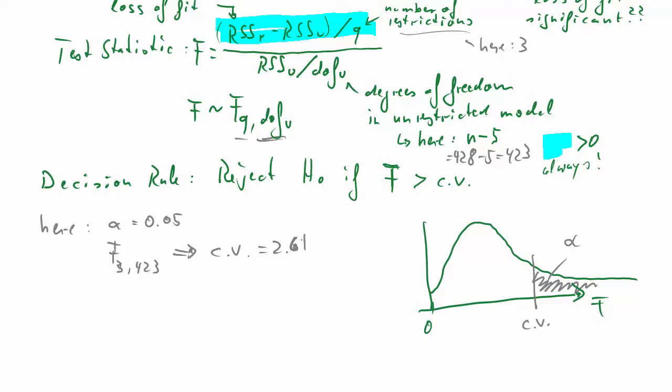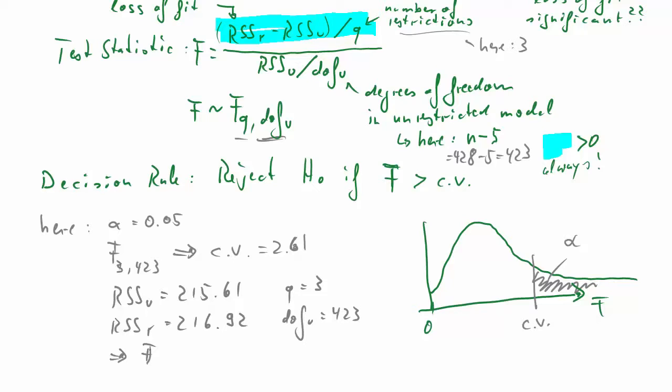To be able to calculate the test statistic, we now need the residual sum of squares, and I'll just give you the numbers. That would come from the statistical software package, of course. Let's just state the number of restrictions and the degrees of freedom U again.